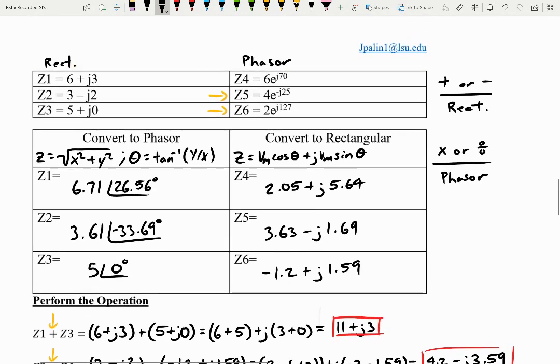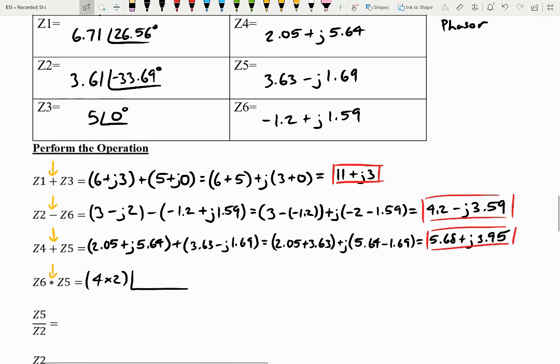Then we're going to add the angles together, so it'll be negative 25 plus 127. Another way to write this, and people write this like this, is fine.